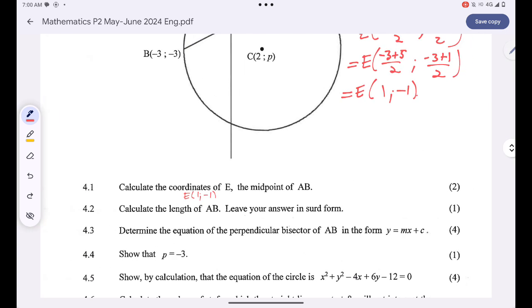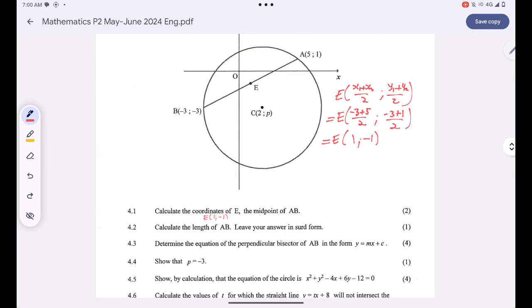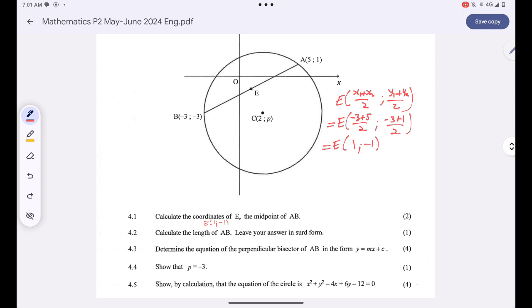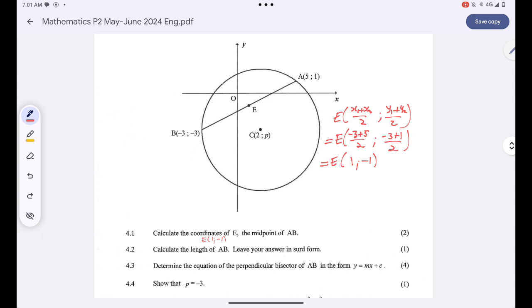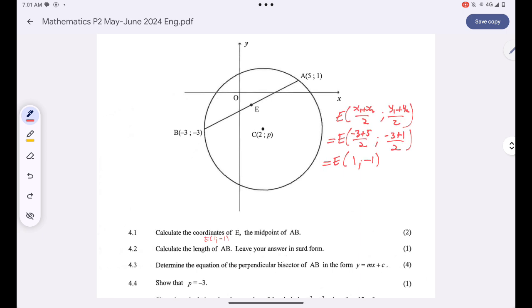Okay, and now they want us to calculate the length of AB. Leave your answer in surd form.